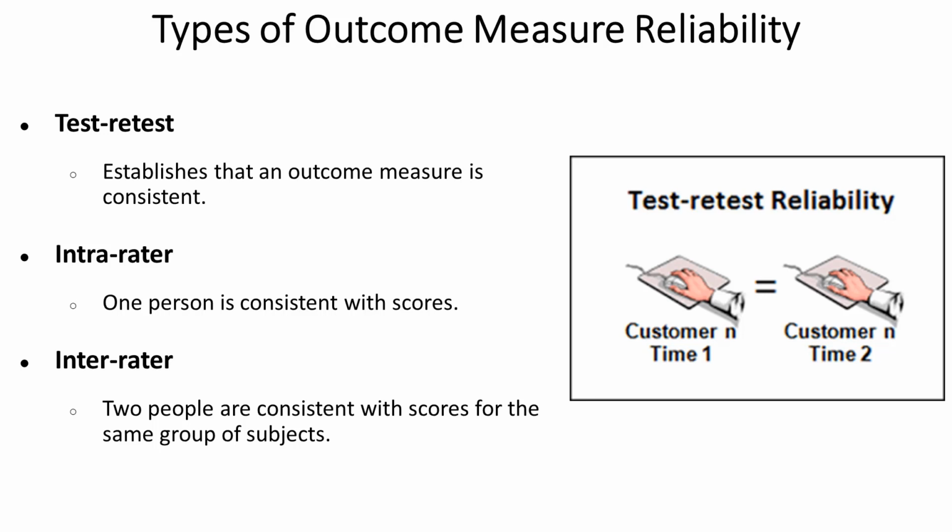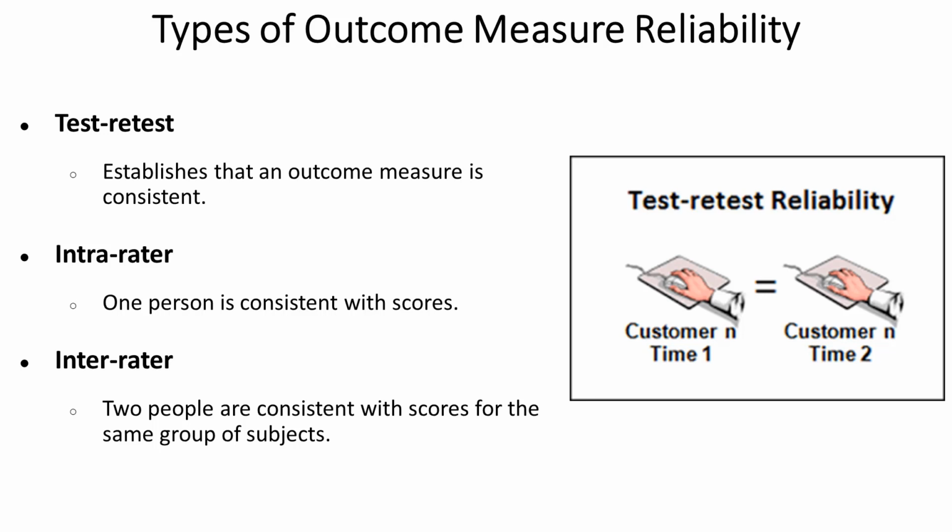Okay, moving on to intra-rater reliability. That means that this test is stable when recorded by one individual across two or more trials. So for example, the same person performs the test over and over again and gets a very similar result.